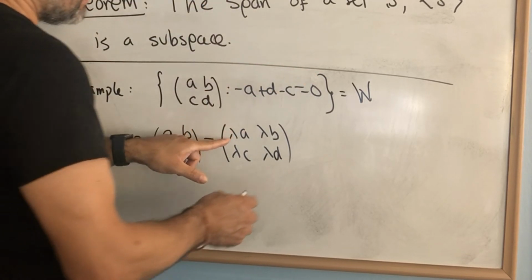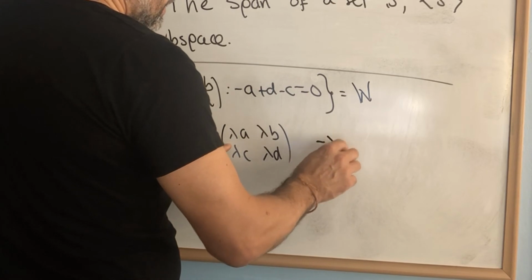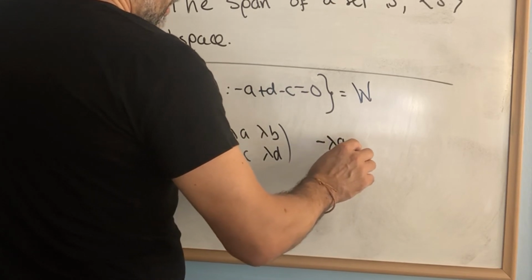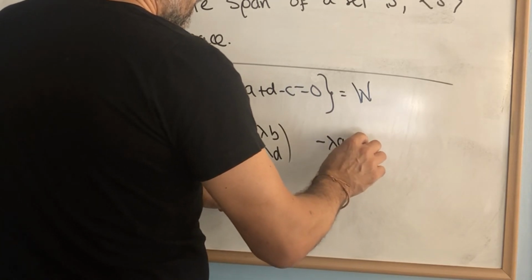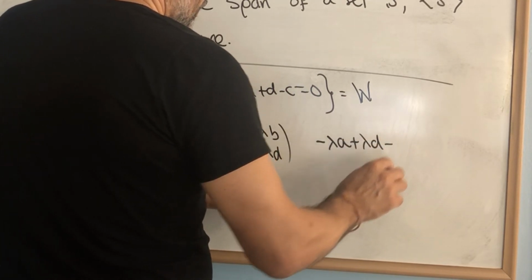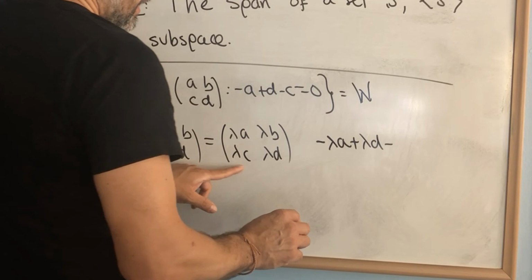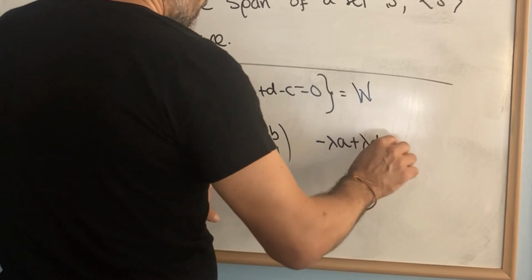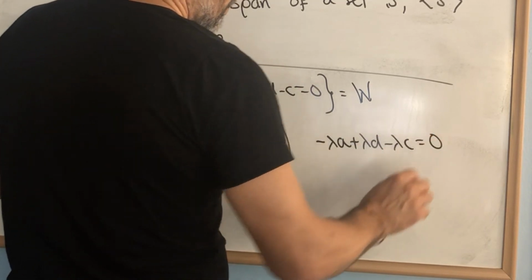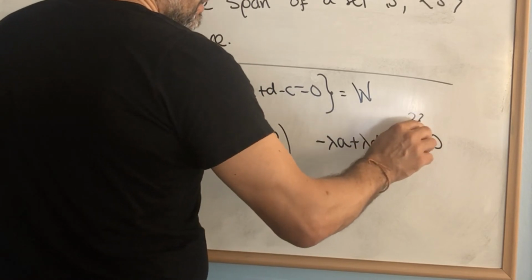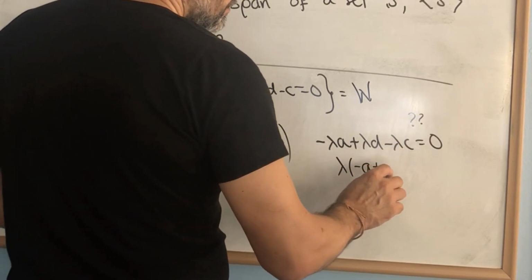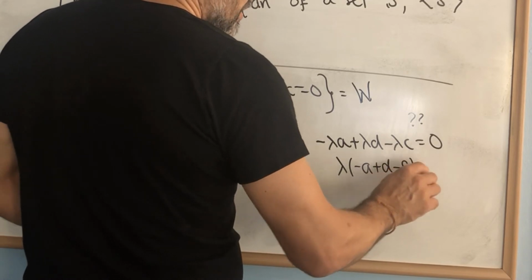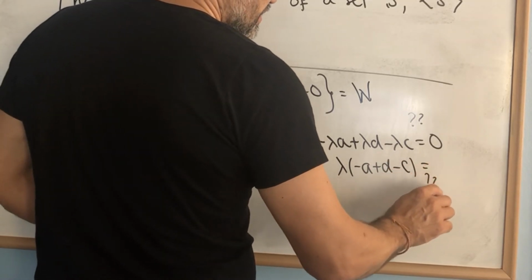What is that? That the first entry, which is negative lambda A, plus the entry 2, which is lambda D, minus the entry 2,1, which is lambda C. We need to prove that this is 0. But notice that this is just lambda times negative A plus D minus C. And we want to show that this is 0.